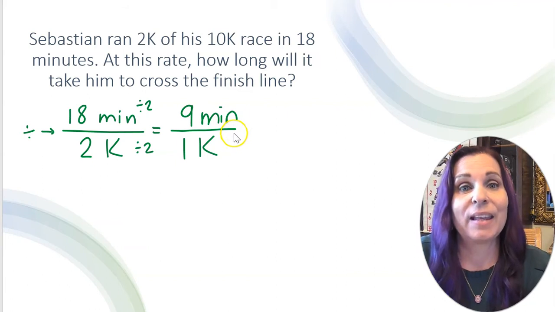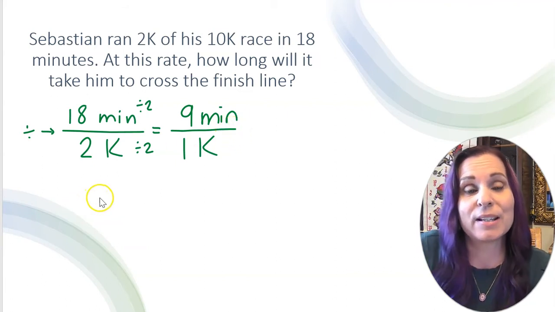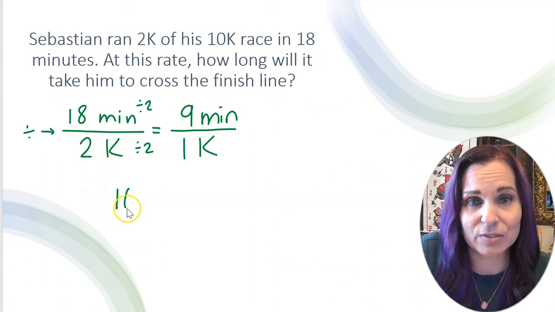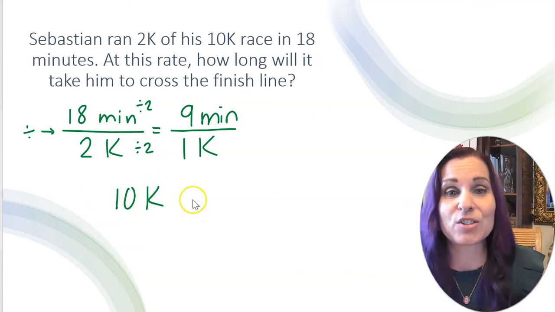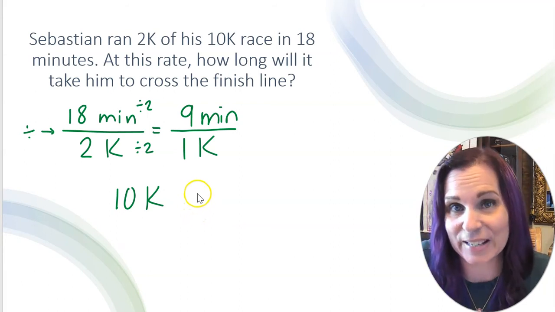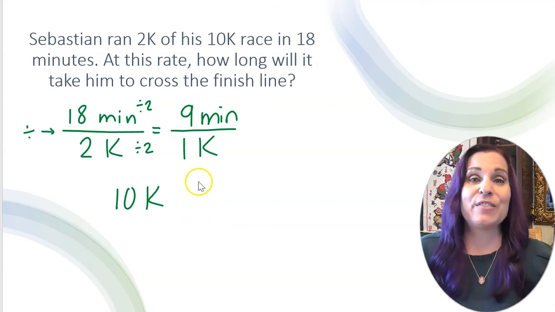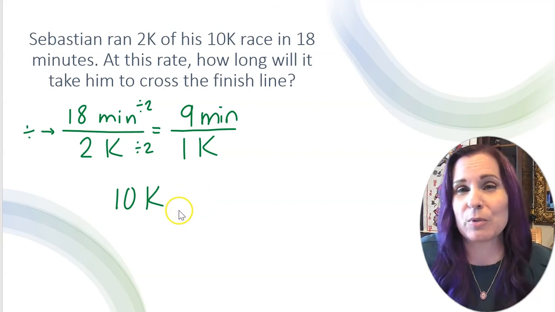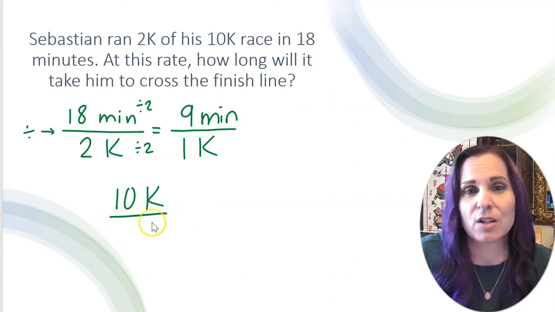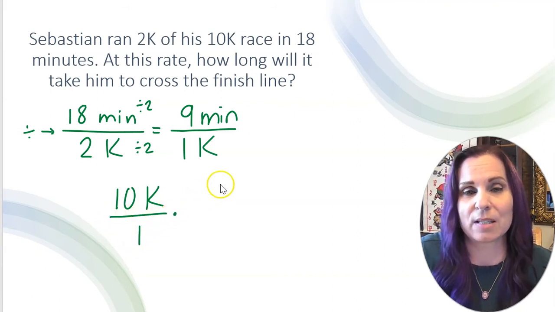Now, if he has to run 10 kilometers, and he knows that each kilometer takes him 9 minutes, then to figure out how long it's going to take him to run the entire race, we can just multiply. I'm going to do this multiplication with the units so you can see how the units will cancel out. So here's the length of the race is 10K.